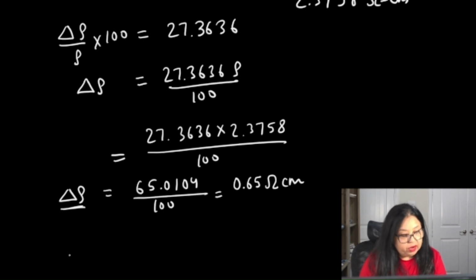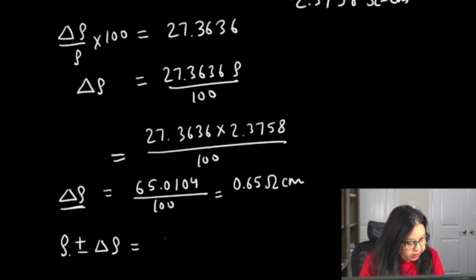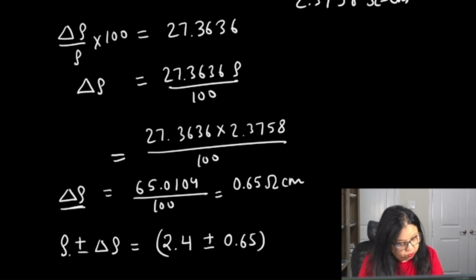All right, now let's write down the rho, the resistivity in its proper form, which is going to be rho plus minus delta rho. And we said that rho should be 2.4. How many sig figs does it have? 2. Plus minus 0.65 ohm centimeters.